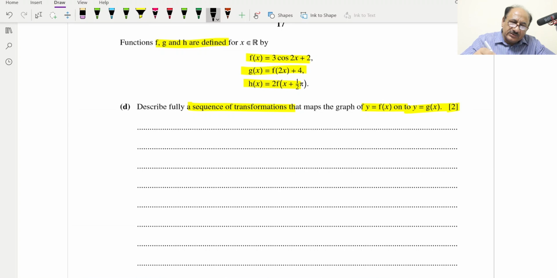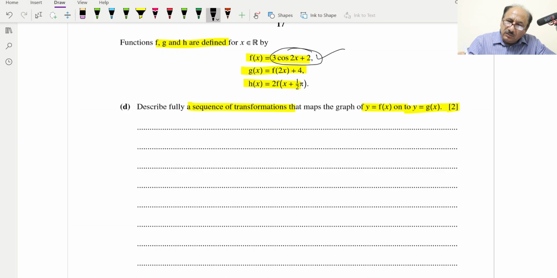So f of x is this one, and this is what? This is basically a horizontal stretch by scale factor 1 by 2, and this one is horizontal stretch basically.